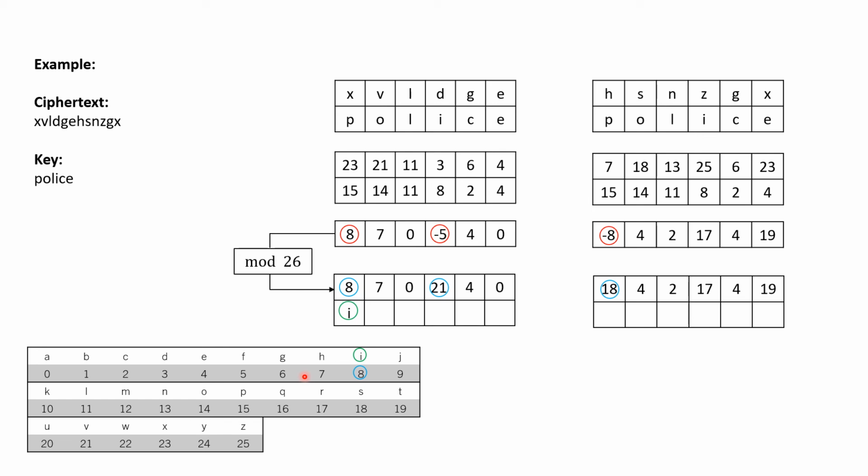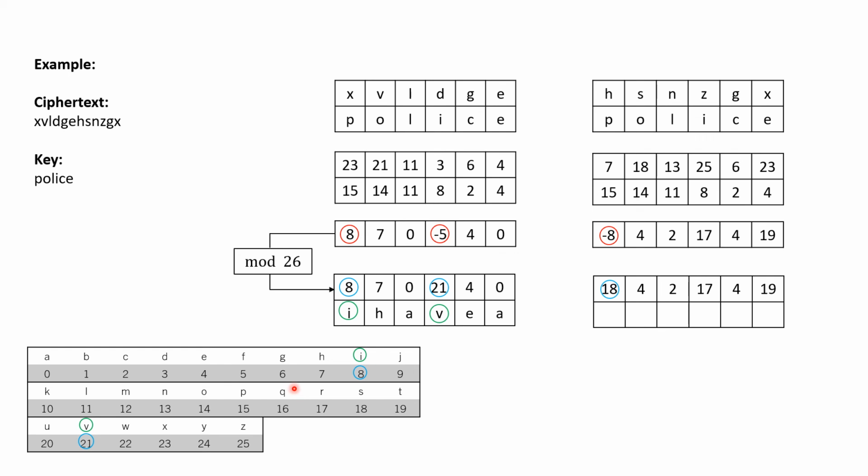Same for numbers 7 and 0. 7 corresponds to letter H, and 0 corresponds to letter A. And then 21, as another example, corresponds to letter V. And we do the same for 4 and 0. So we get the same first block as the original plain text that we got.